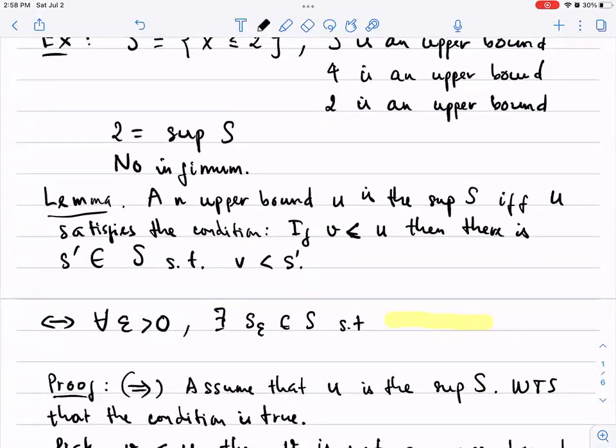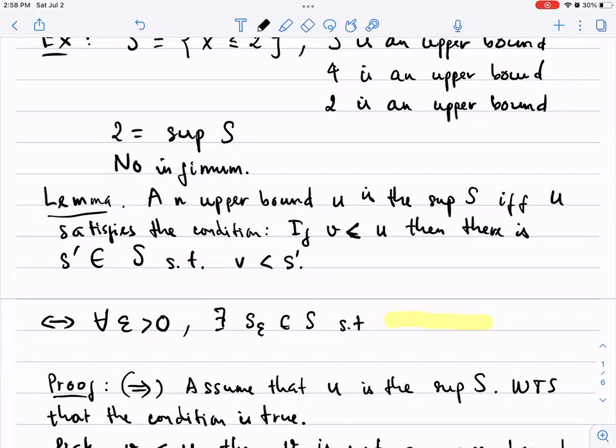So here is the lemma which tells us how to characterize the supremum of a set. An upper bound U is the supremum of the set S if and only if U satisfies the following condition.